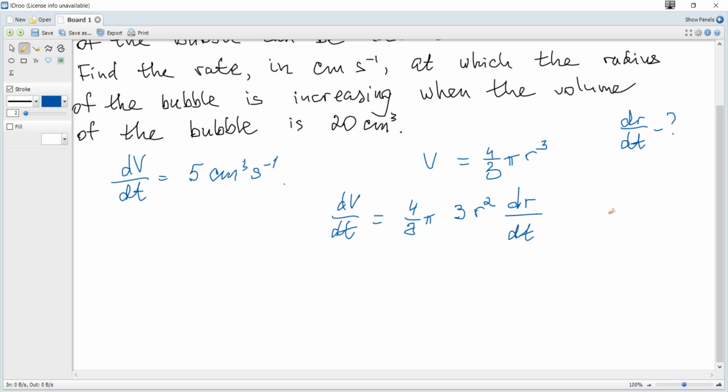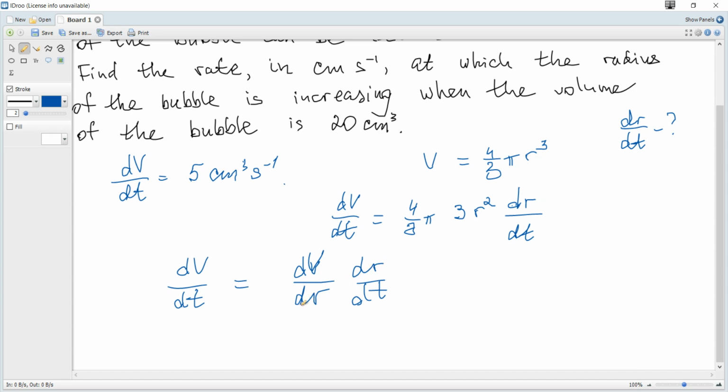Actually, there may be another way. For example, consider dV over dt, and it is equal to dV over dr times dr over dt. It's like fractions.